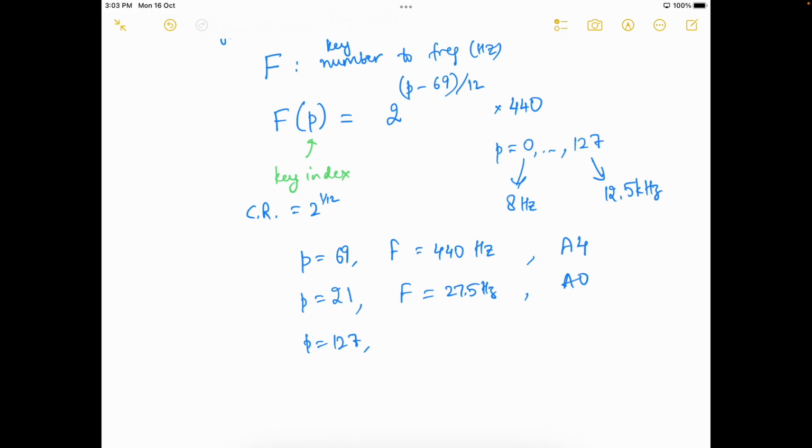What is the note there? Quick. G? G which one? G8 or G9?